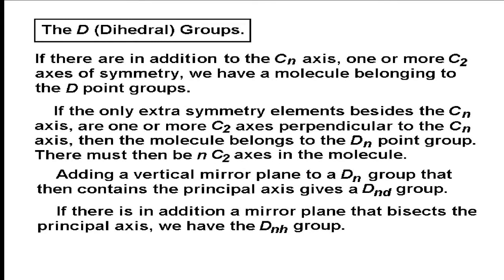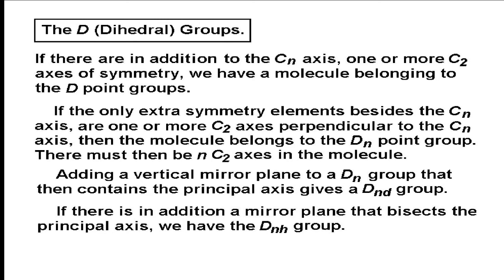Then the dihedral groups. If, in addition to the Cn axis, there are one or more C2 axes of symmetry, we have a molecule belonging to the D groups. If the only extra symmetry elements besides the Cn axis are one or more C2 axes perpendicular to Cn, then the molecule belongs to the Dn point group.